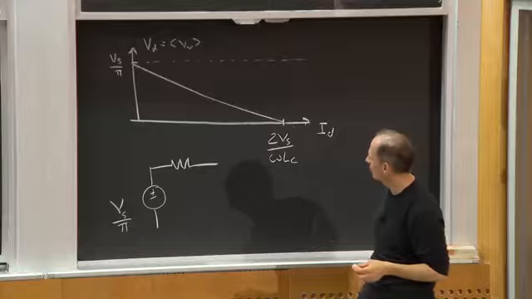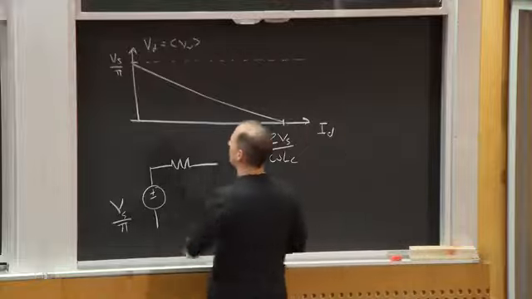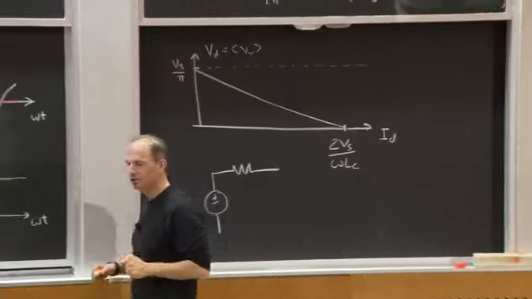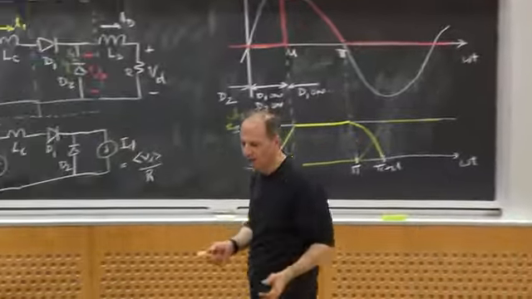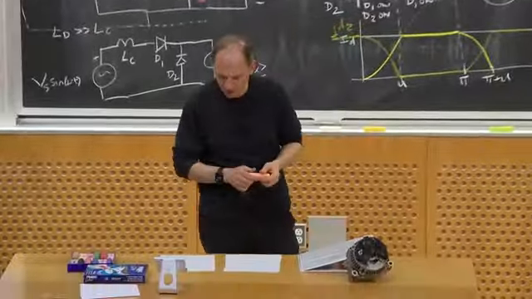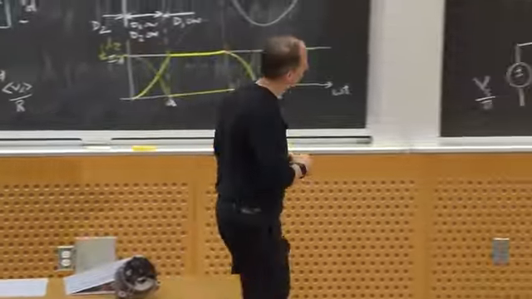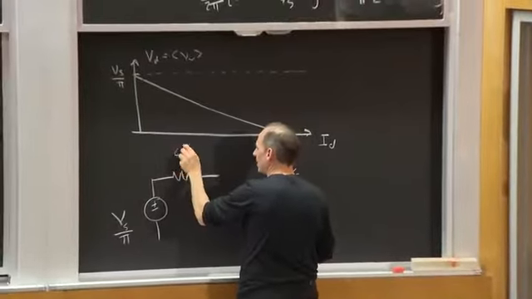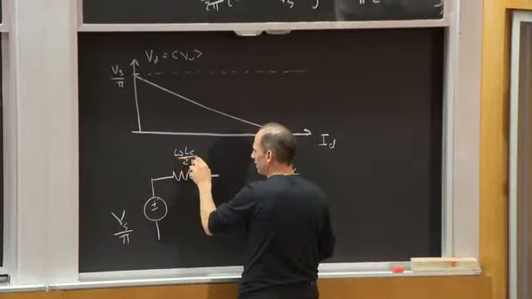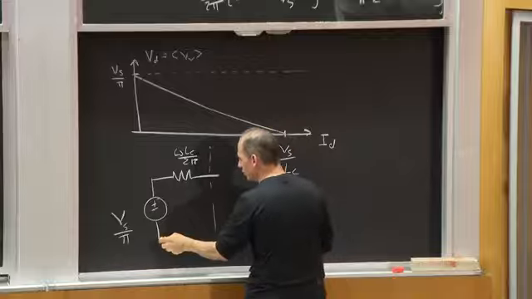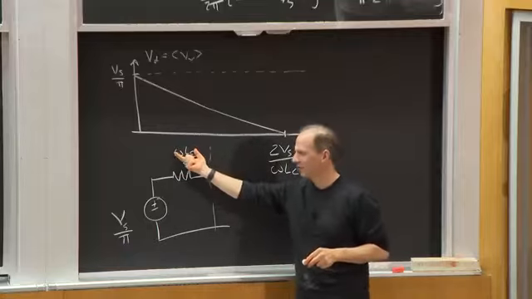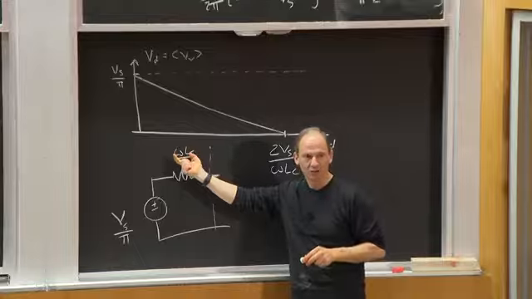How big is that output resistance? It's really Vs over pi divided by 2 Vs over omega LC, right? So what I get is an effective output impedance, omega LC over 2 pi, right? This has units of resistance. Omega LC is reactance. It has units of ohms.